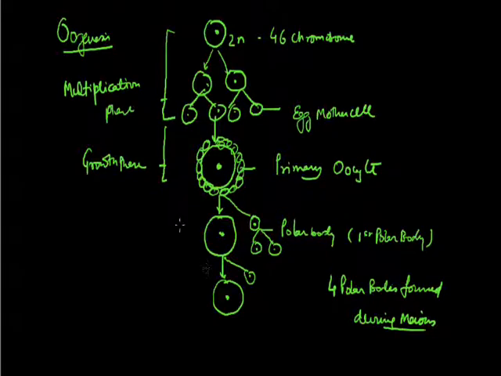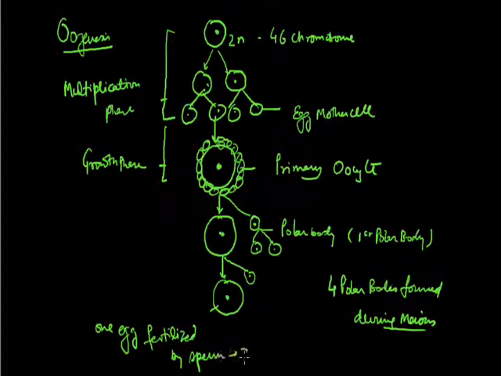One should ask what is the significance of formation of these polar bodies? The answer is very simple. Since only one egg will be fertilized by sperm to form zygote, the entire developmental process will take place from one egg.